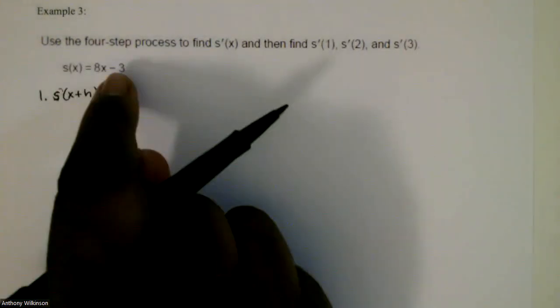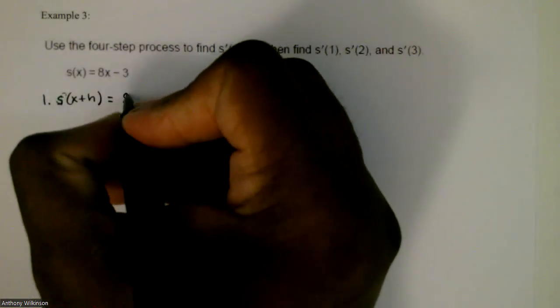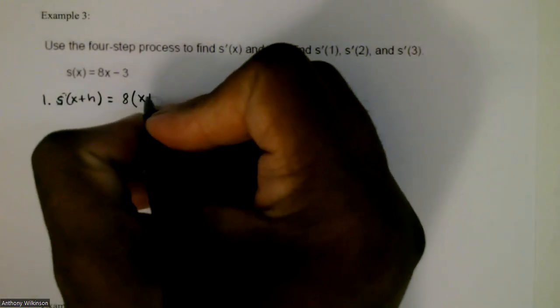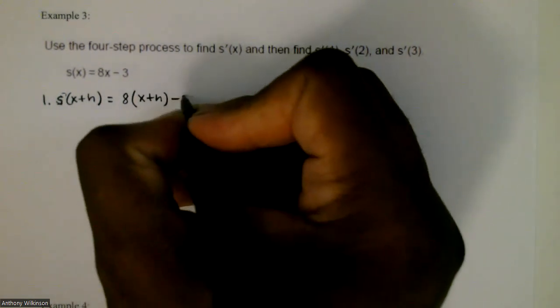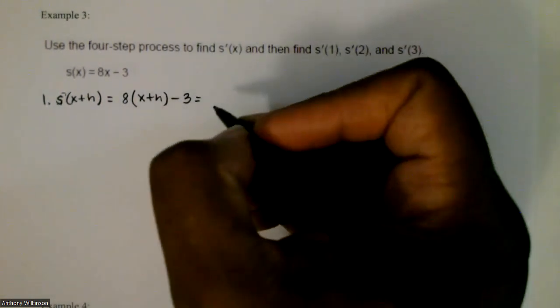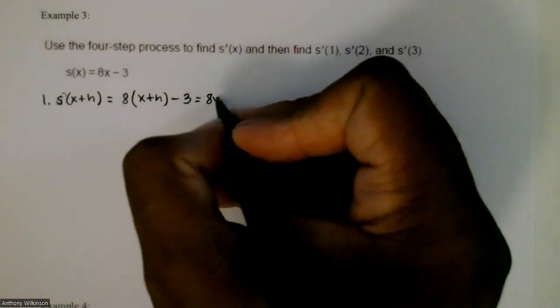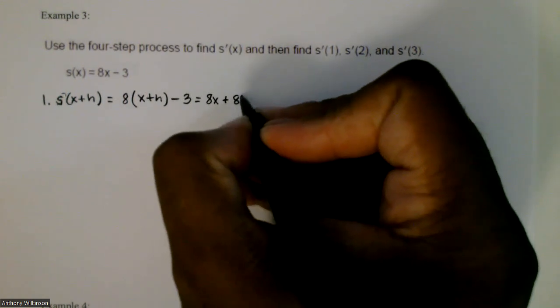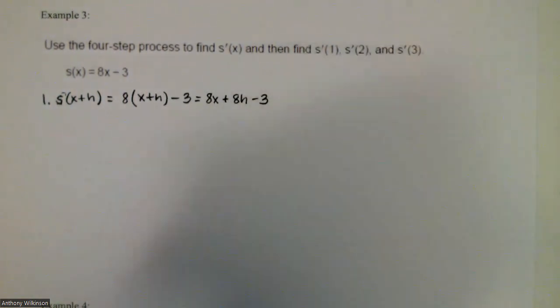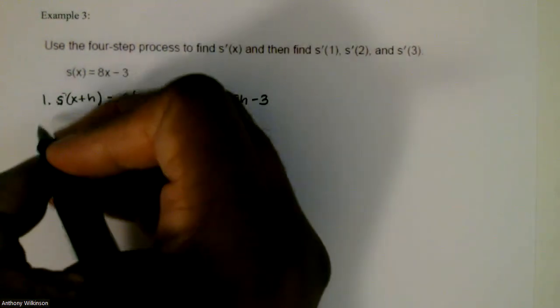And then just replace each x with that x plus h. So it'll be 8 times the quantity x plus h minus 3. All right, and then simplify that. 8 times x will be 8x plus 8 times h will be 8h minus 3. And that's as far as we can go with that. So that's step number 1.